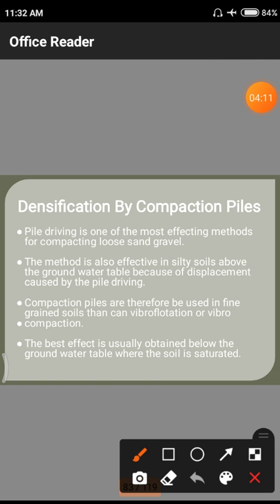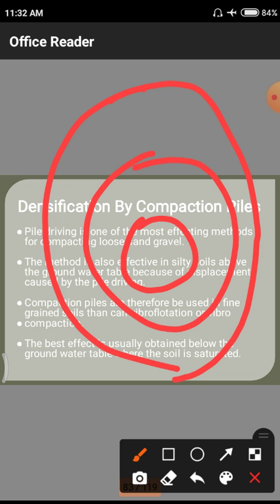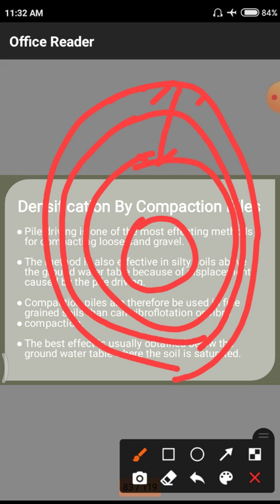I will draw with the help of diagrams. It is the entire earth itself: core, mantle, and crust. This is the crust, this is the core.